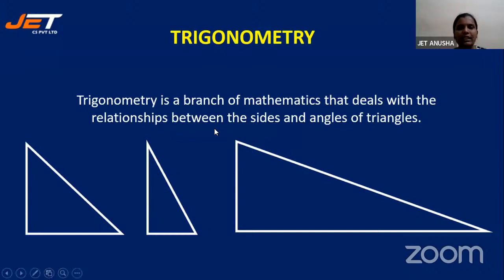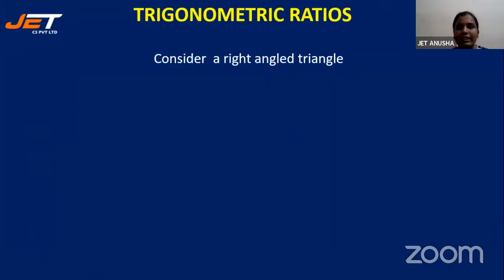So these are the different kinds of triangles, right? In this chapter, we will be dealing with these types of triangles and sides, angles, etc. So consider a right angle triangle. I think you already know about the right angle triangle. A right angle triangle is nothing but a triangle having 90 degrees, right?